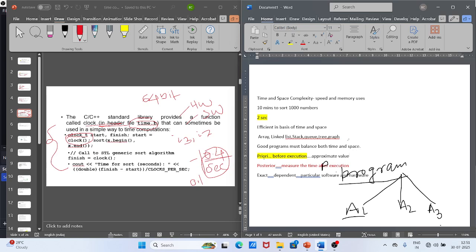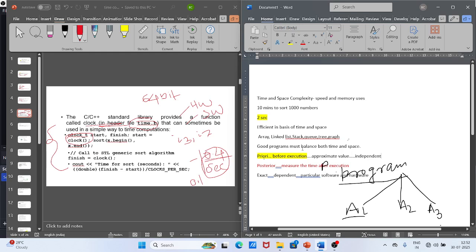It gives the approximate value. It is independent from hardware and software. If I change the hardware and software, the output value does not change, because it assumes something.